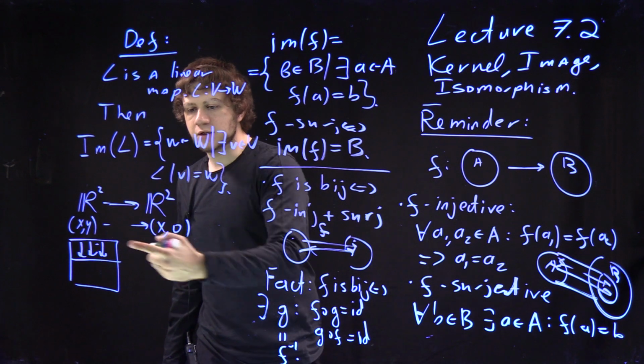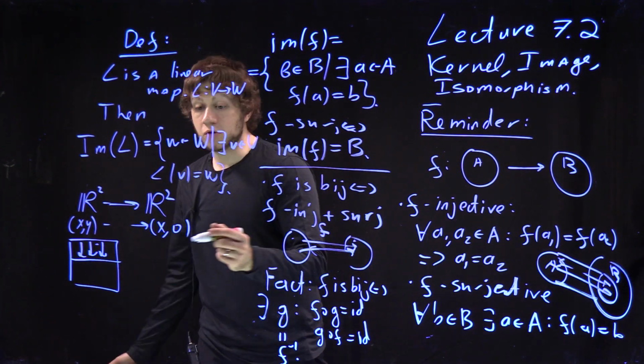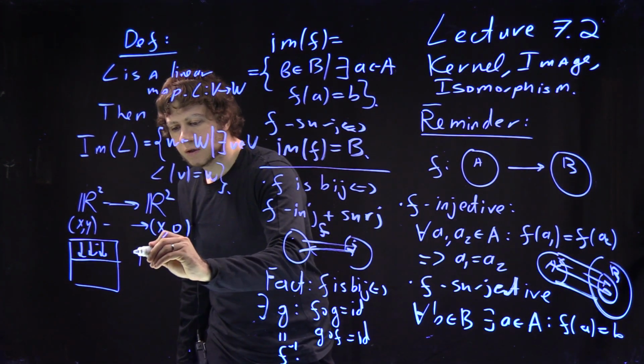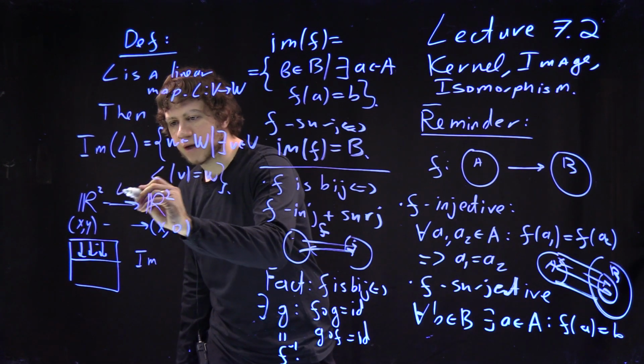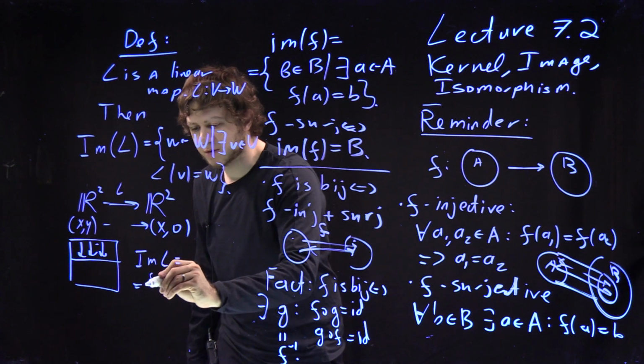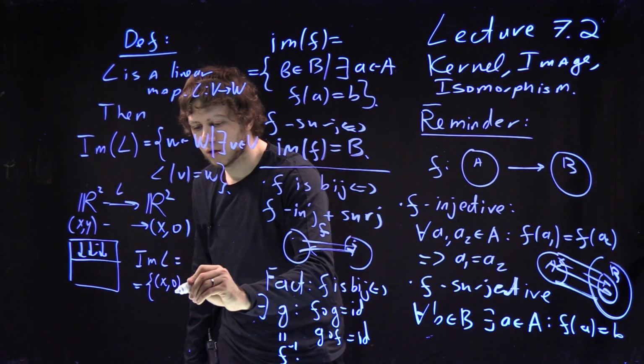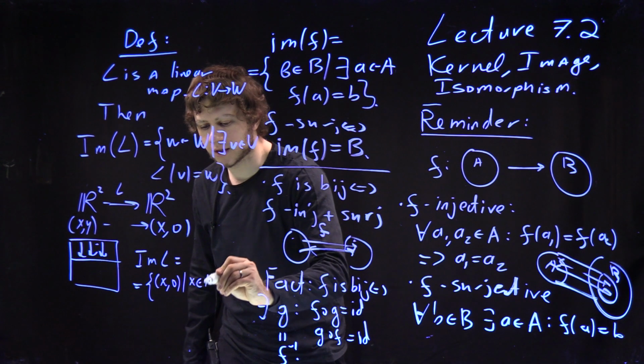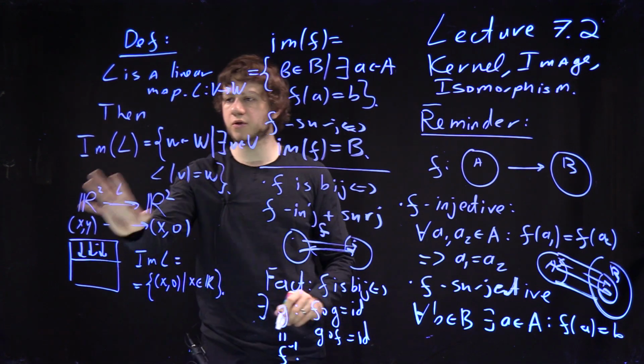This one is not bijective and not surjective, and the image of this L is just the line, the subspace (x, 0) for x in R. That's an example of the image.